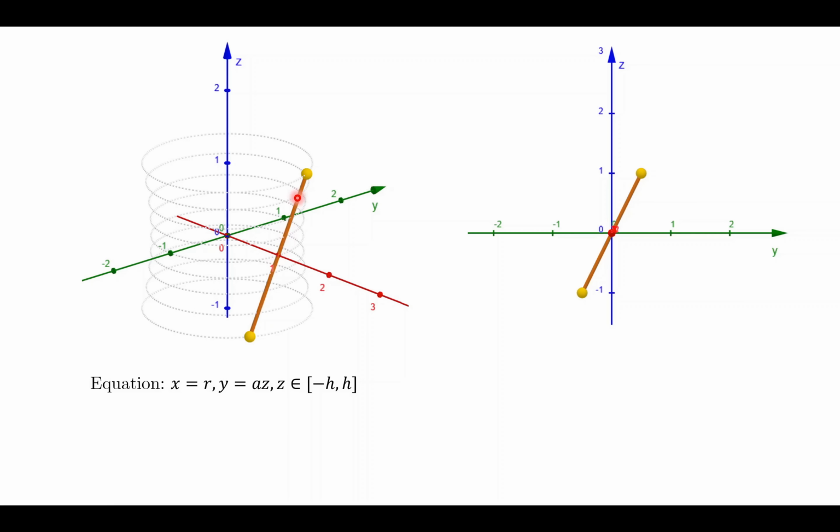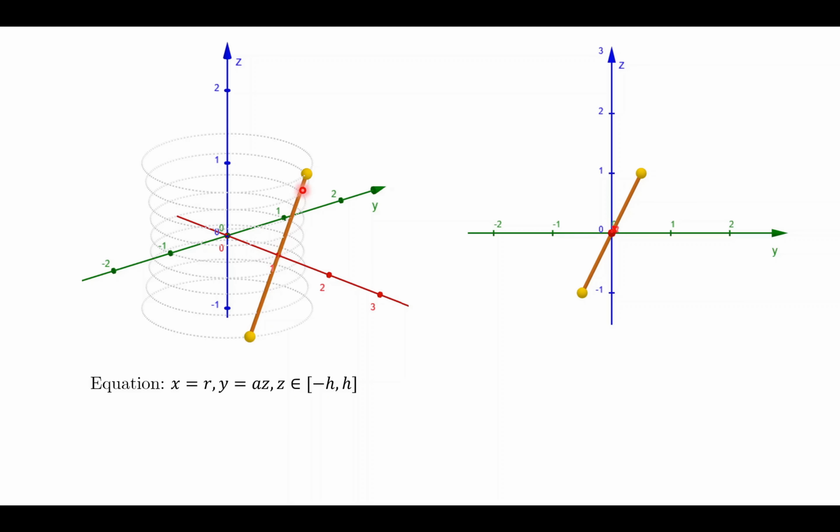We can think about each point on the line generating a circle. This point, right at the extreme of the line segment, is a certain distance away from the z-axis and it generates a circle. The point that is at (r, 0, 0) is of distance r from the z-axis and it will generate a circle of radius r.